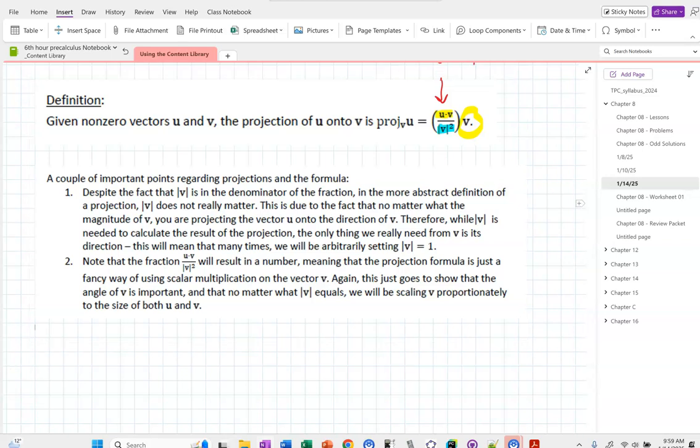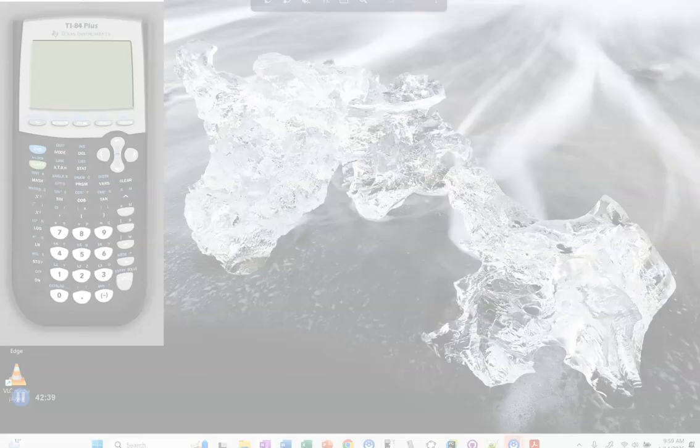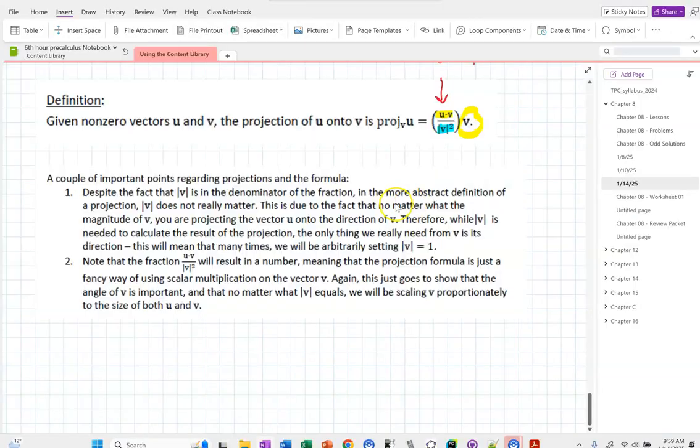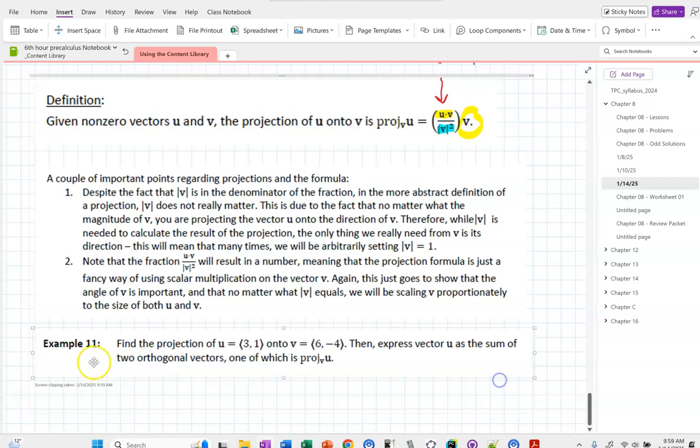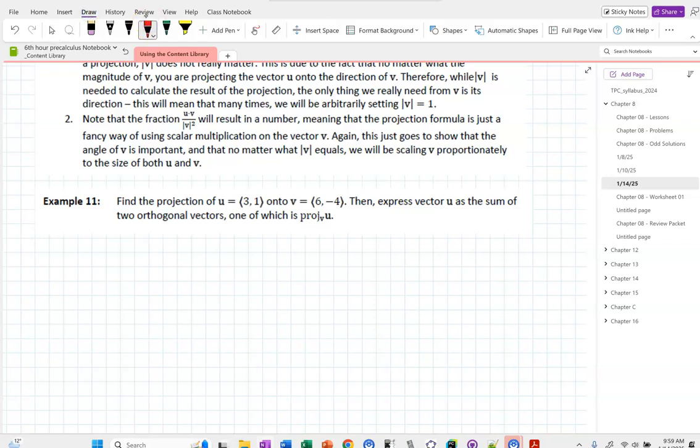All right, let's practice doing this projection calculation before we get to a story problem. Our example says, find the projection of vector u onto v, and then express the vector u as the sum of two orthogonal vectors, one of which is the projection.